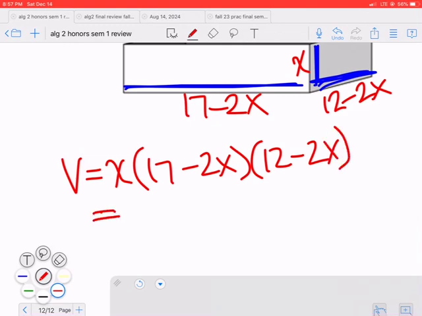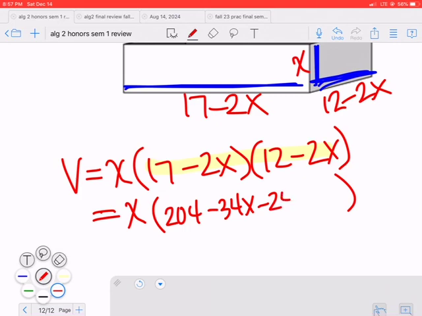And I need to multiply all this out. So I'm going to leave the X and I'm going to FOIL those two. I'm going to look at my screen so I don't have to pull out my calculator and do that again. So we would have 17 times 12, 204. Outside, minus 34x.